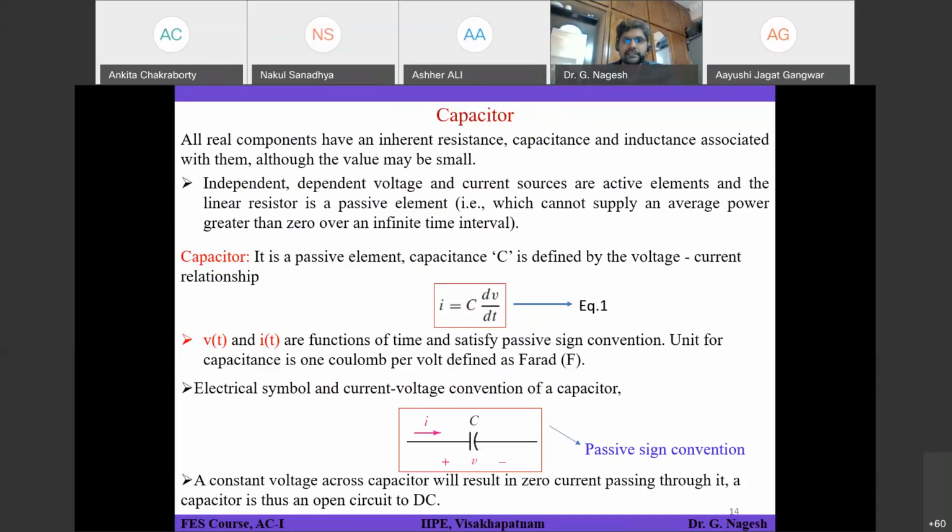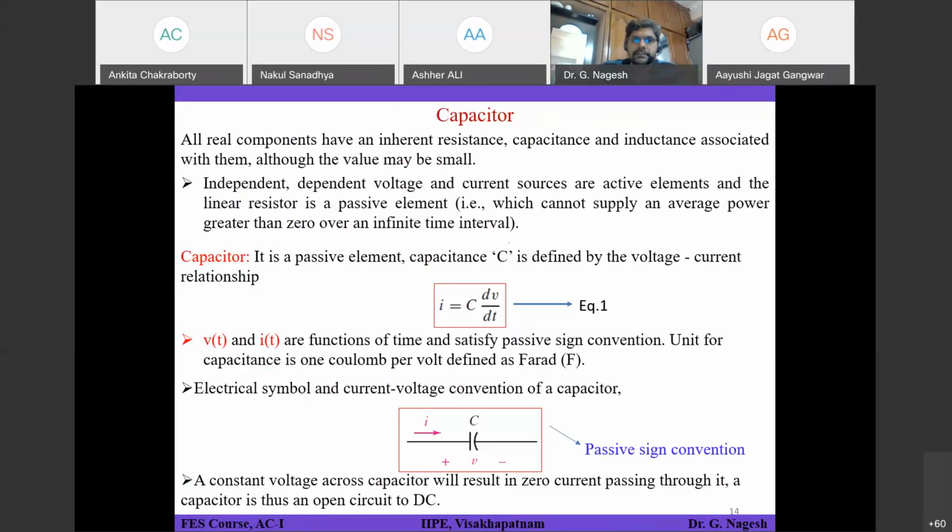That is a passive element. Why is it called a passive element? Because it cannot supply an average power greater than 0 for an infinite time interval. So that's why it is called a passive element, which can only consume power.